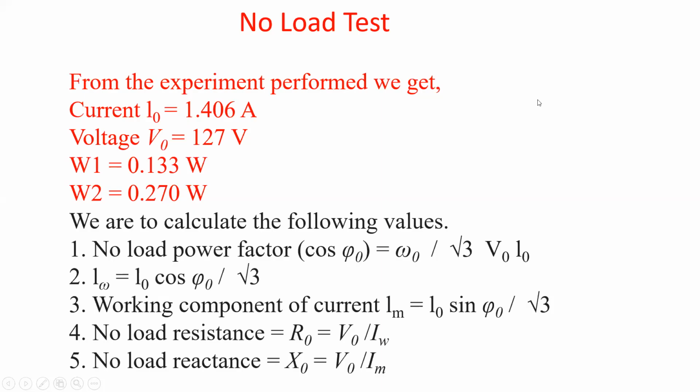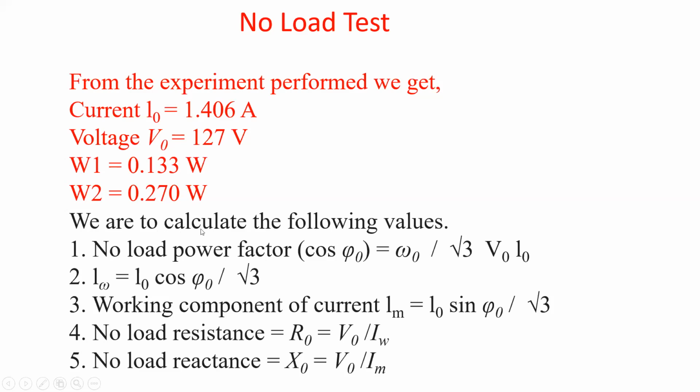For this rated voltage of 127 volt, the current value I got on the ammeter was 1.406 ampere. Wattmeter 1 reading was 0.133 watt, and wattmeter 2 reading was 0.270 watt. With these 4 readings, I am calculating these parameters.